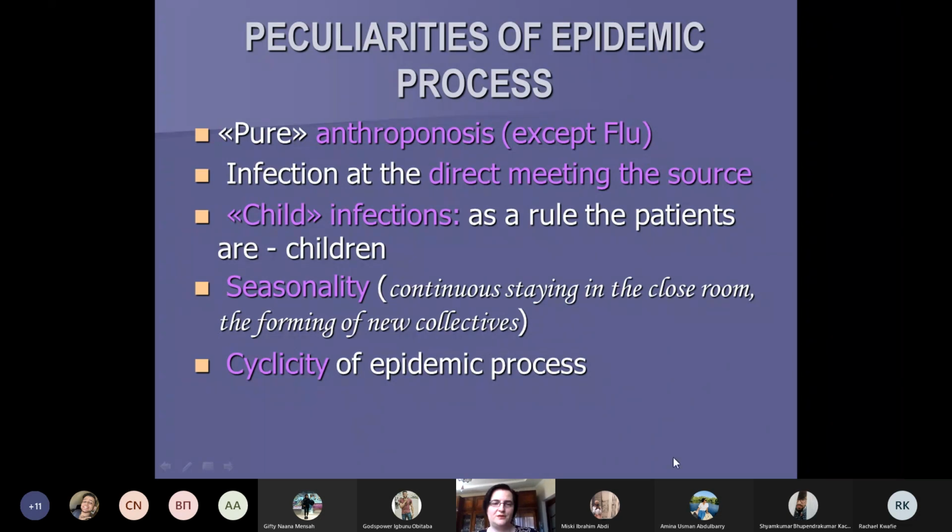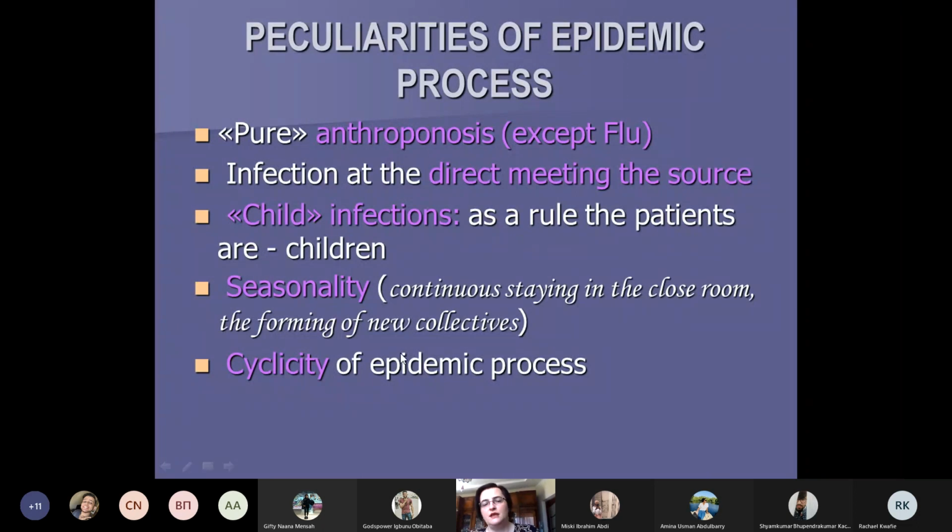You understand, I hope. And cyclicity of epidemic process. What does it mean? It means that some infections produce herd or collective immunity in the population, and if this collective immunity decreases, again there can be an increase of morbidity.